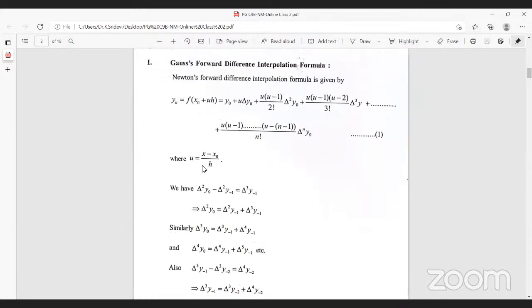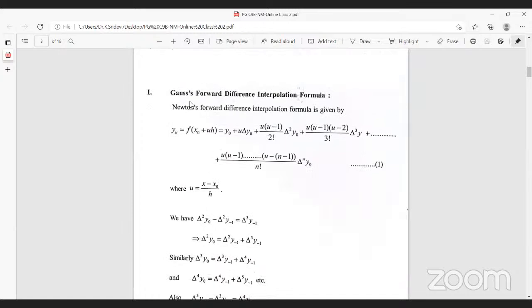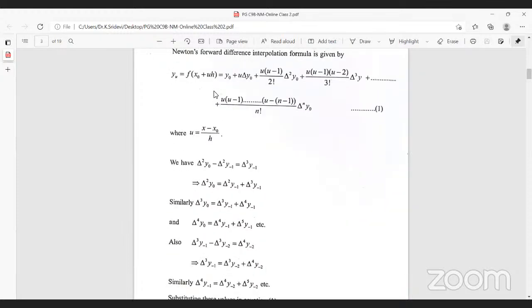Now we are deriving Gauss's forward difference interpolation formula. For that, from the table which we have seen just now, delta cube y minus 1 is equal to delta square y naught minus delta square y minus 1.